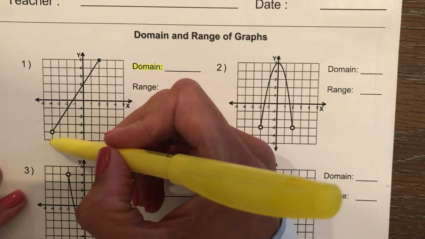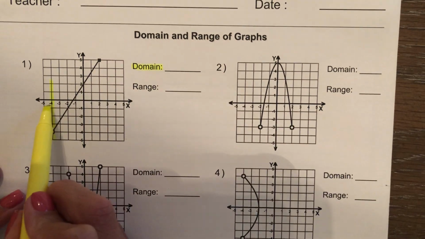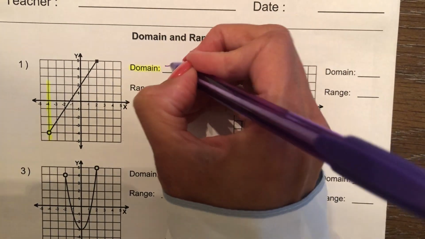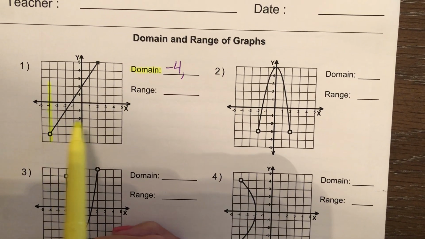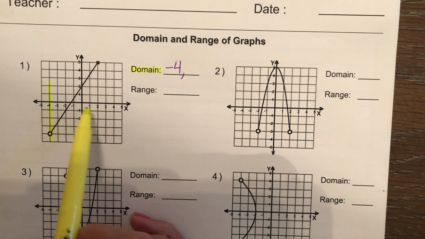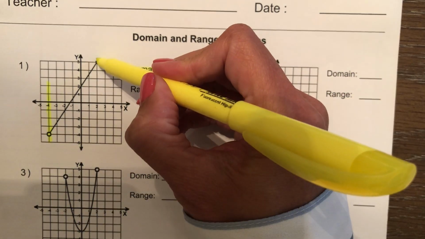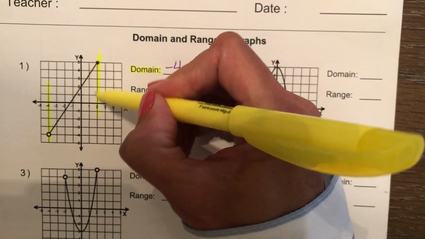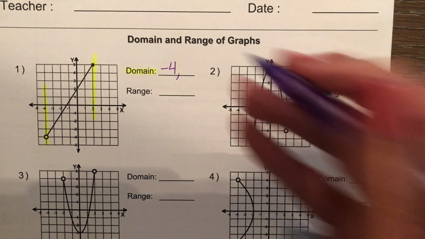So that's my starting point, and that is at -4. Okay, then I'm going to go left to right. So where's the highest point to the right? And it ends here. So I follow that down and I see that it stops at 2, the x value of 2.